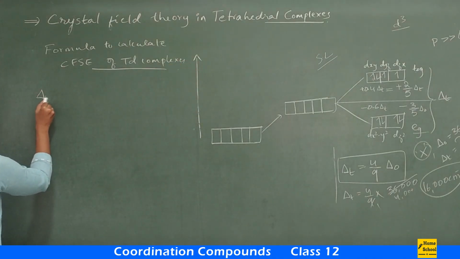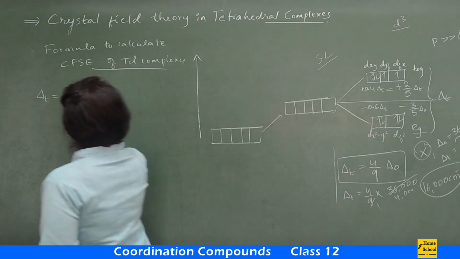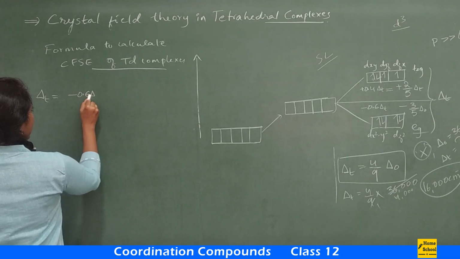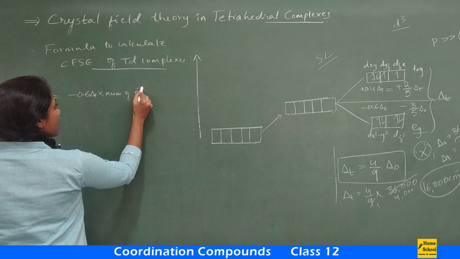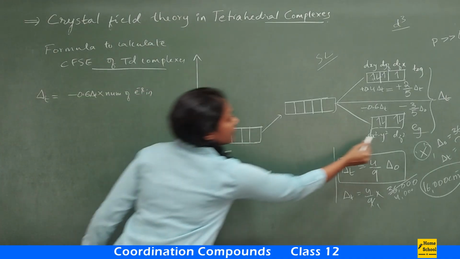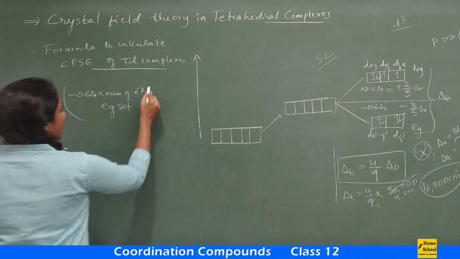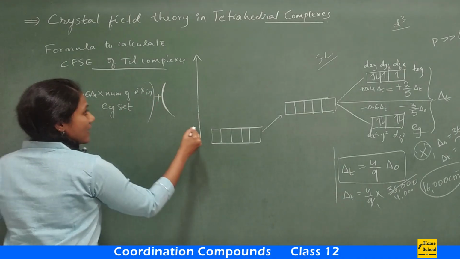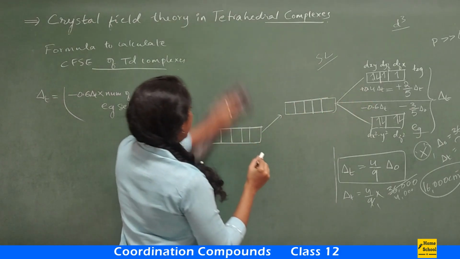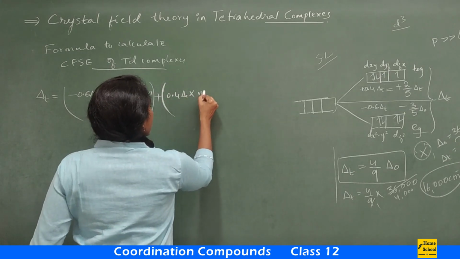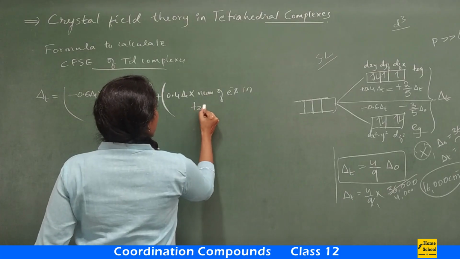So CFSE in a tetrahedral complex can be calculated by, look here, minus 0.6 delta T into the number of electrons in the EG set, plus 0.4 delta T into the number of electrons in the T2G set.